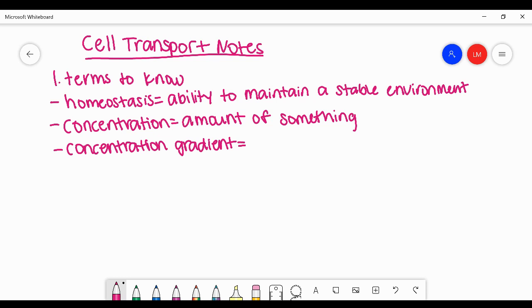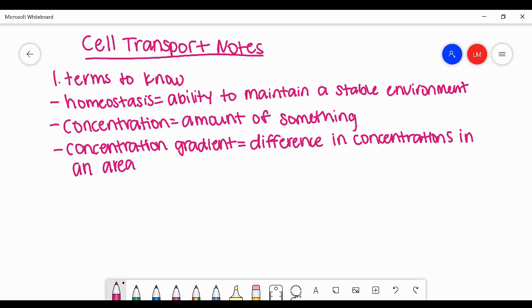Concentration gradient is the difference in concentrations in an area. For example, before the start of the school day, we have a lot of students outside of the building and few or no students inside the building. So that gives us a concentration gradient because we have more of something on one side than on the other.